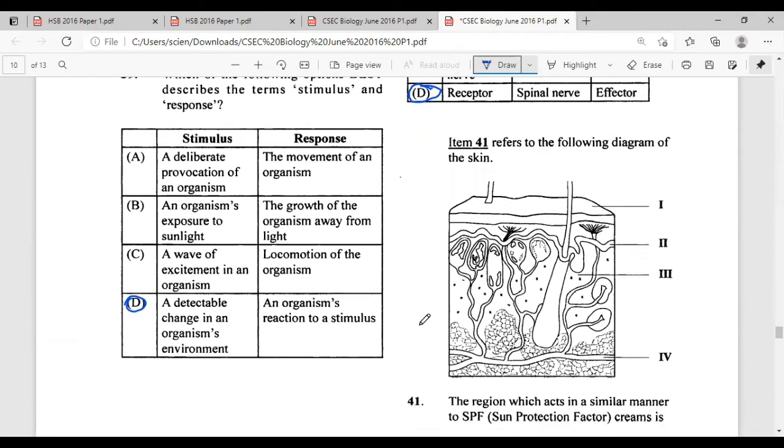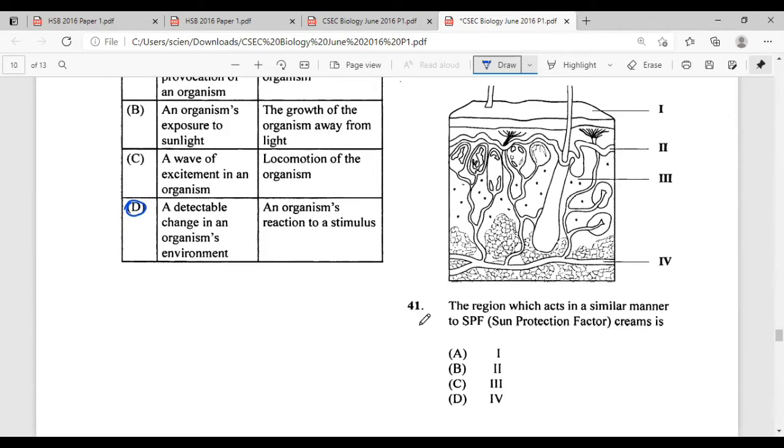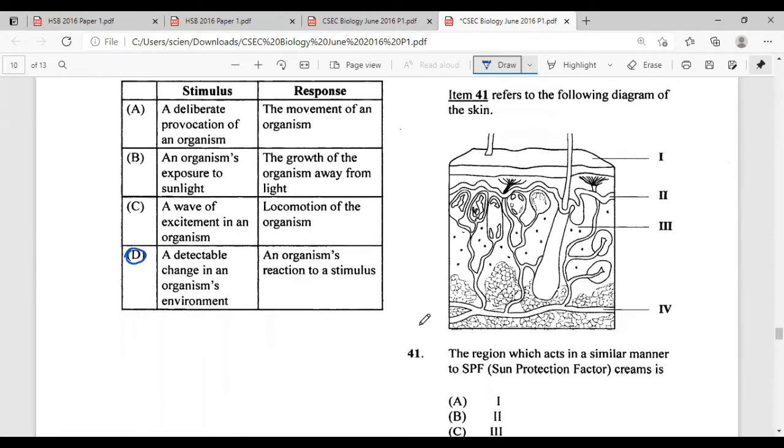41. Item 41 refers to the following diagram of the skin. The region which acts in a similar manner to SPF, which is sun protection factor cream, is. So let us look at the diagram of the skin. So we have to identify the area so we can know which one is going to act as an SPF.